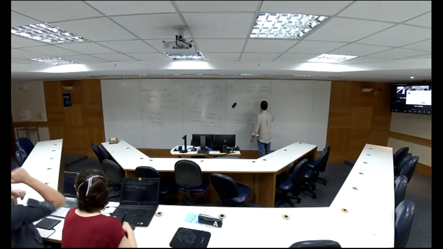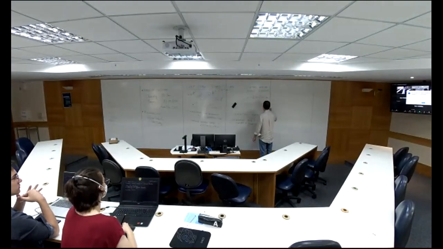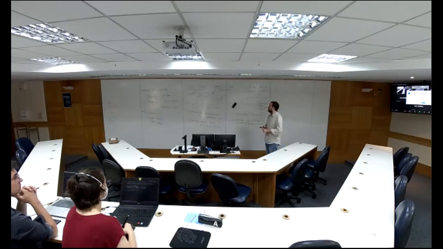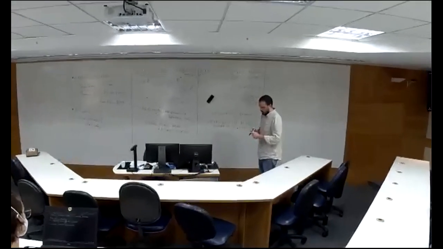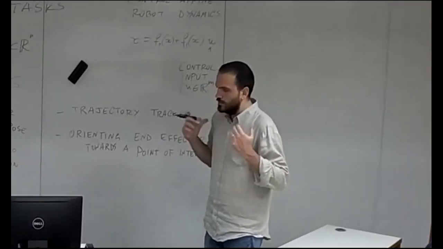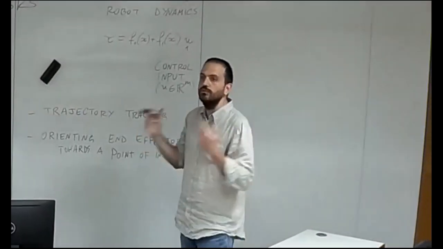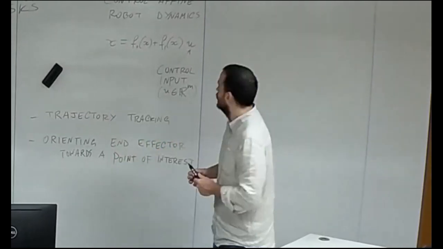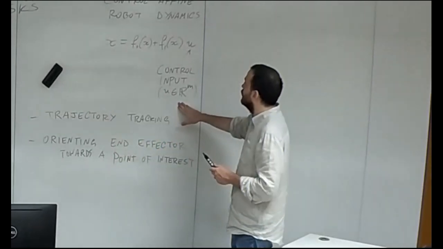And it is a vector in R^m. Control input means the selection of values, the set of quantities, that we need to supply to our robot. We saw examples of this.